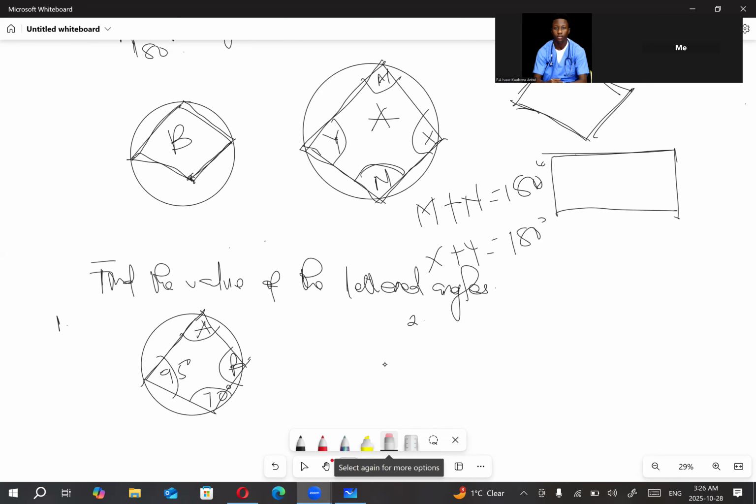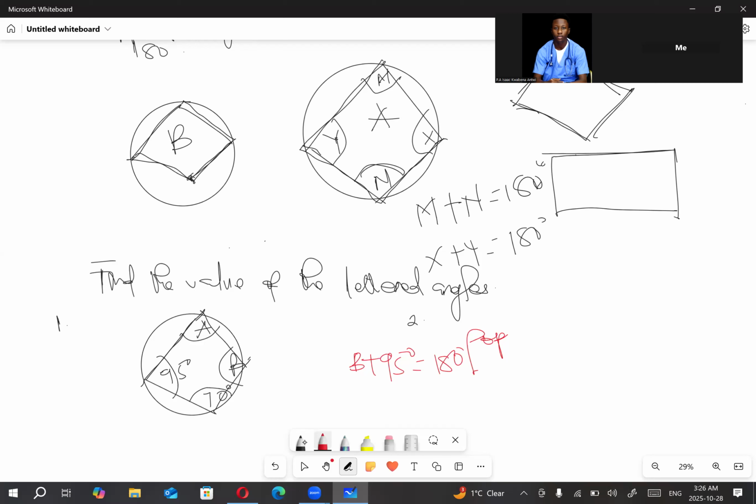So, for this one, it's a cyclic quadrilateral, right? So B plus 95. Some of you are making errors with the property, so be careful. B plus 95 is equal to 180 degrees, right?